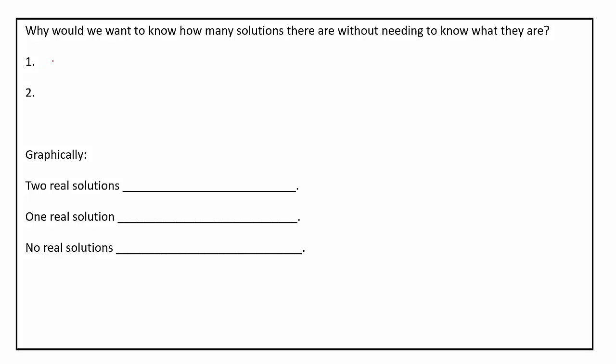One is that sometimes we just want to know if our equation has an answer, and that's what the discriminant will tell us, because maybe it's actually something that would be really difficult to solve, and so we don't want to go through the effort of solving it if there's not actually an answer when we do. So it lets us know if our equation even has an answer.